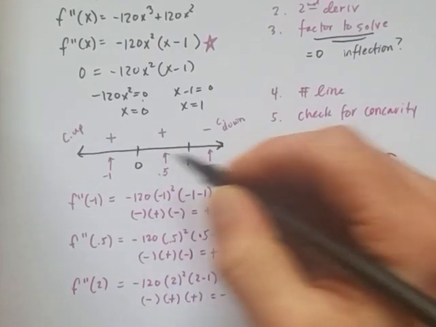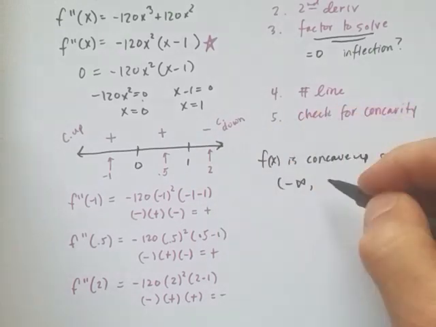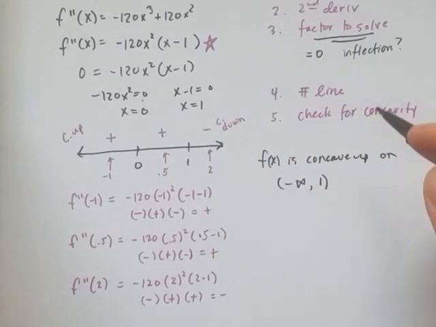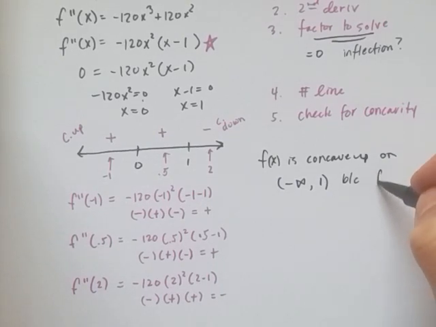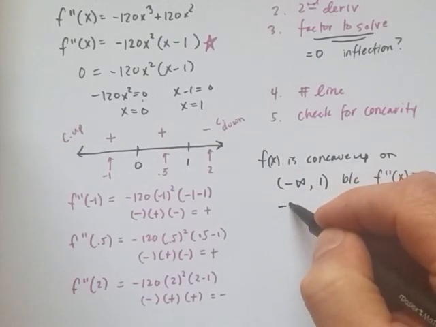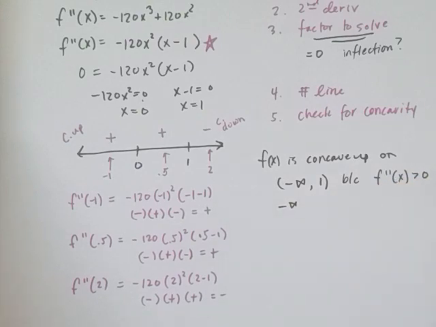So negative infinity to 1. And I'm going to say because f double prime of x is greater than 0, or I could say f double prime of x is positive on that interval.